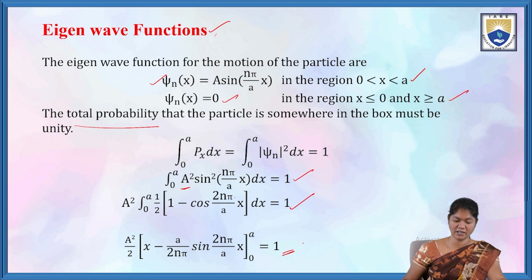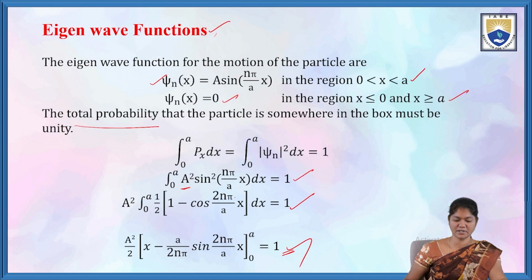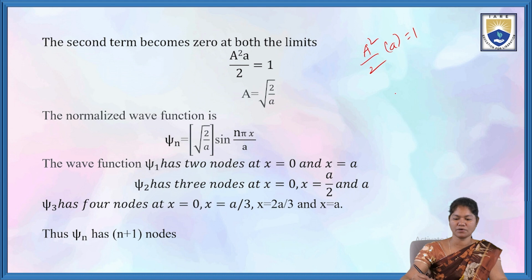So the second term becomes 0 at both the limits, so we are left with A square by 2 into a is equal to 1.